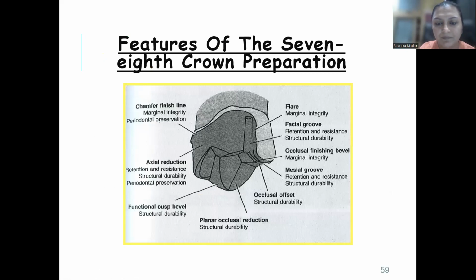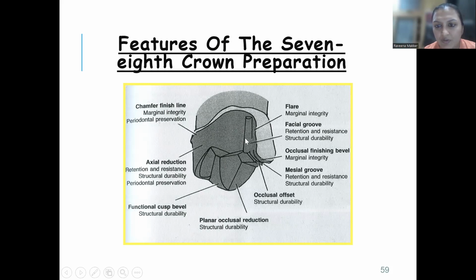Now these are the features of the 7/8 crown preparation. You can see this. First is your planar occlusal reduction, providing structural durability. Then the functional cusp bevel. This is the axial reduction, the lingual and the proximal axial reduction, creating a chamfer finish line.